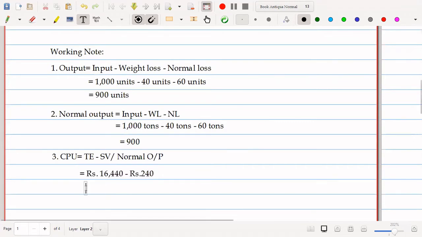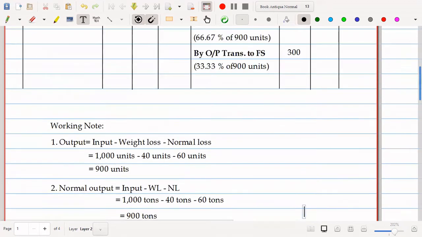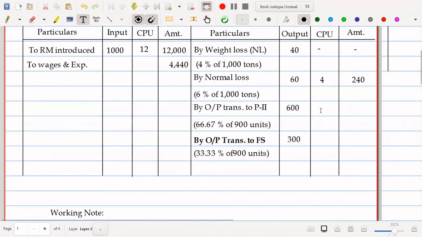So it comes to divided by normal output, 900 tons. So when we calculate this, it comes to rupees 18. Now we'll take this and put it here, rupees 18, and for this again rupees 18.